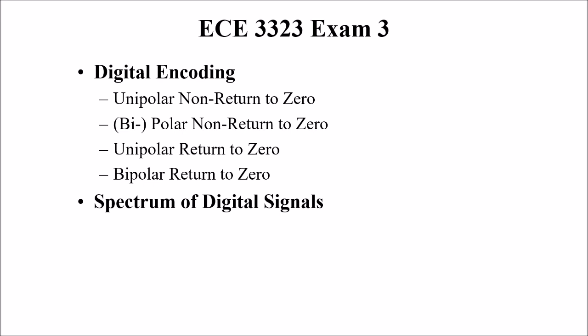You have examples of those in the notes, and it matters which one you choose because they have different spectrums, different frequency characteristics. Some have DC components, some don't. Some have wider bandwidth than others, and I'll refer you to your notes to determine the characteristics of each of these digital encoding formats.